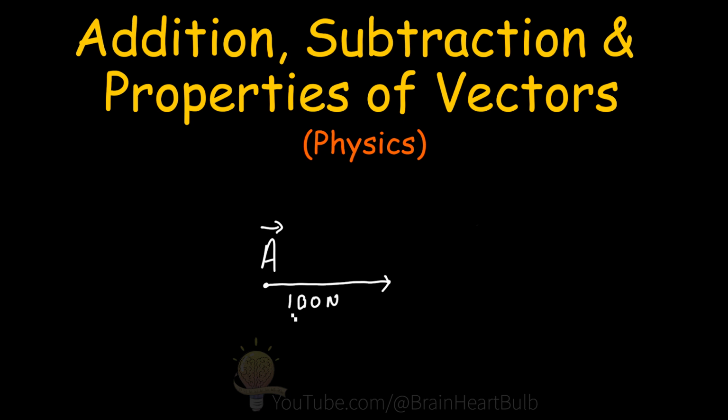But the negative vector would be equivalent to the positive vector, but pointing in the opposite direction. So it would have the same magnitude, but a negative sign.